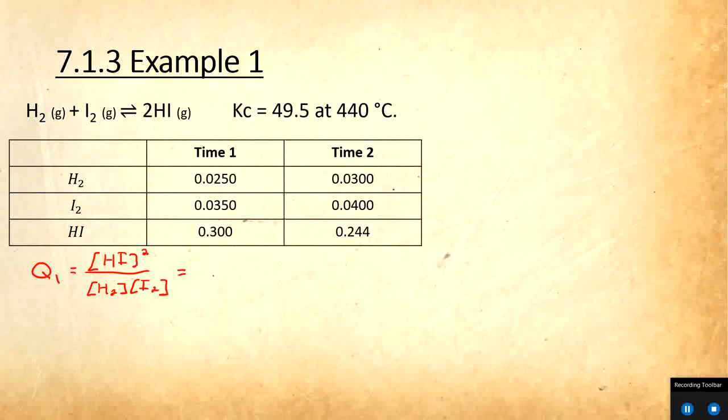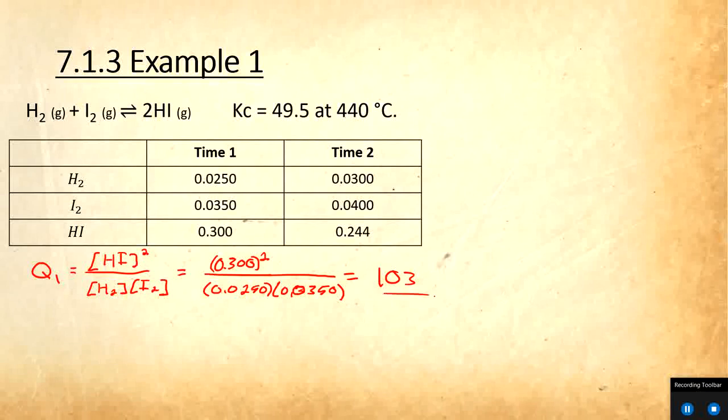Okay, and that gives us 0.300 squared on the top. On the bottom, we have 0.0250 times 0.0350. And when we calculate that, it gives us a Q value of 103.